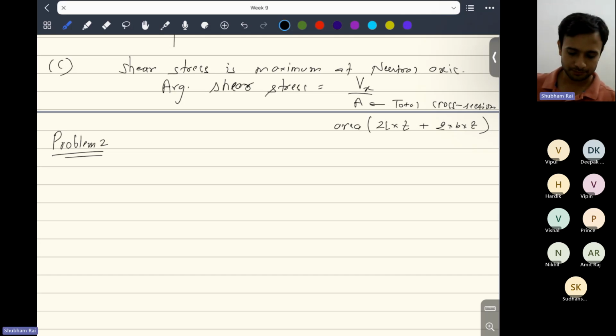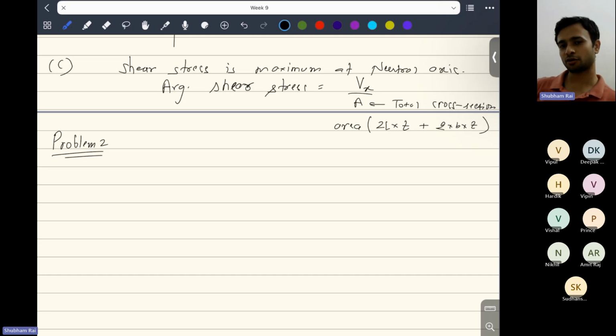Since they are assumed perfectly bonded to each other, longitudinal strains will be continuous, but longitudinal stresses will not be continuous because the material is different, so Young's modulus will be different.